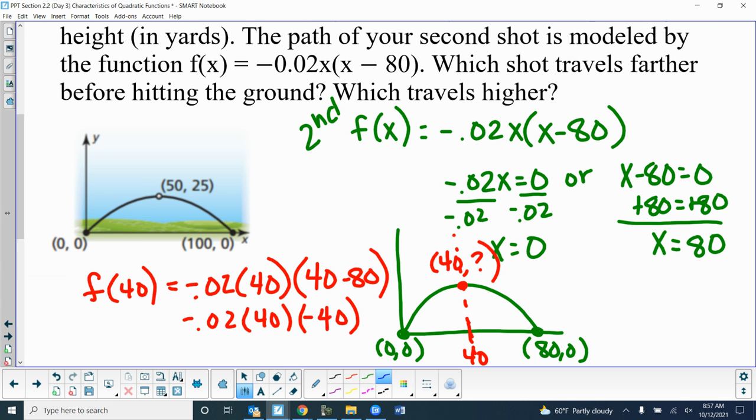So this vertex is (40, 32). So let's answer the questions.